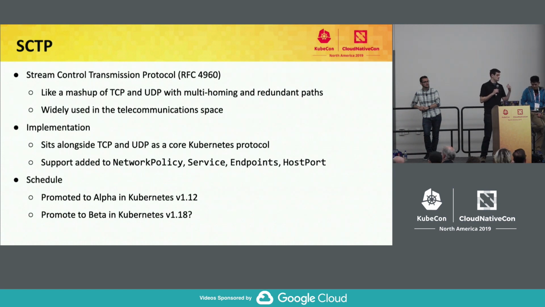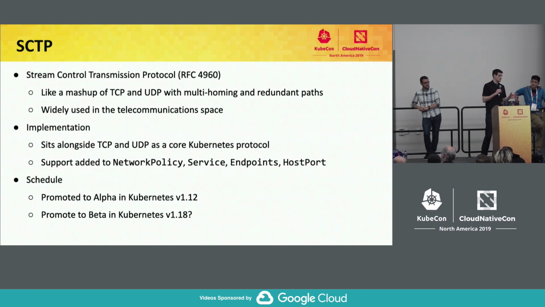So SCTP is now one of those protocols that you can add to your service, but that also means that we need to move it through from services to endpoints. We need to add support to host port for that, and then of course network policy as well. So the actual protocol does touch a lot of different places in Kubernetes.